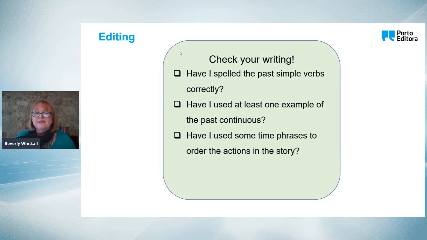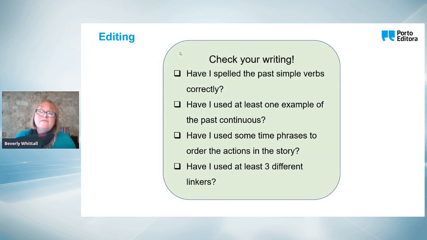Have I used some time phrases to order the actions in the story? Again, going back to language that was practiced in previous stages. Have I used at least 3 different linkers? Again, linkers that they focused on, but also at least 3. So again, we're making this achievable for all of our students.